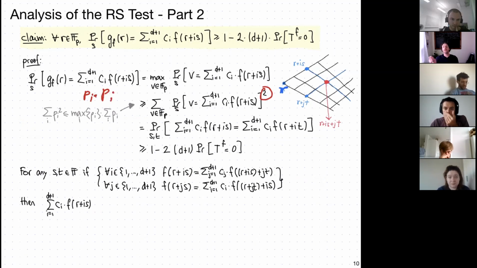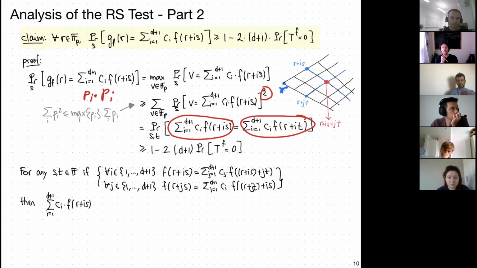Think about Pi as the probability of hitting the vote I. So what is Pi squared? It is the probability that I take 2 independent votes and they happen to agree. And so writing it, I take the square and I write it twice. So this is the probability that this is equal to this is equal to V. And then I can just ignore the V because it's just equal to one another.